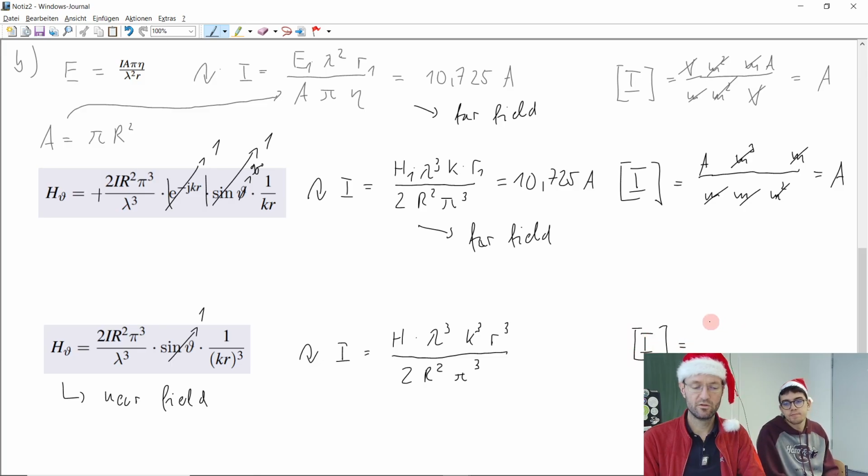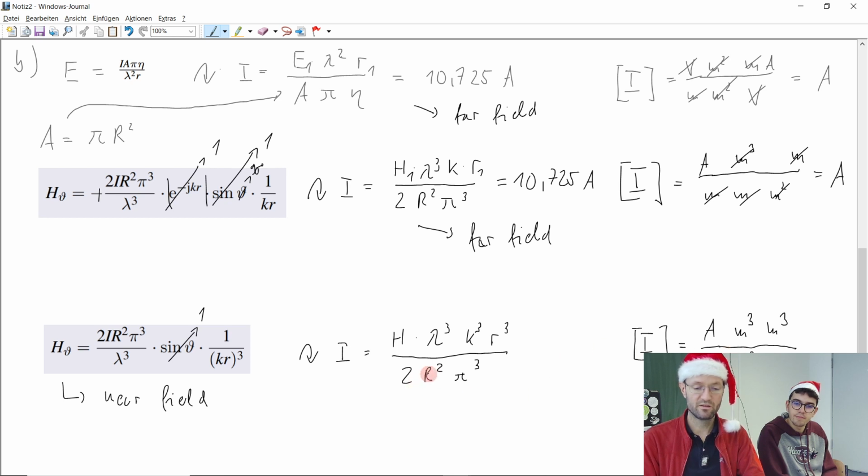And the unit should be once again ampere per meter for the magnetic field strength. And then we have meter to the power of 3 here. Then we have 1 over meter to the power of 3 over there. We have another meter to the power of 3 here from this k.